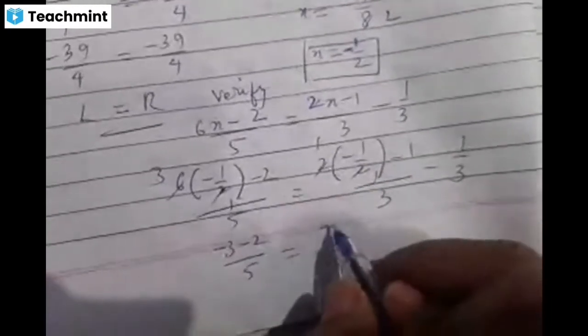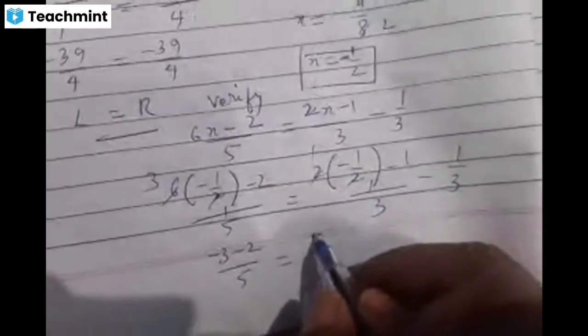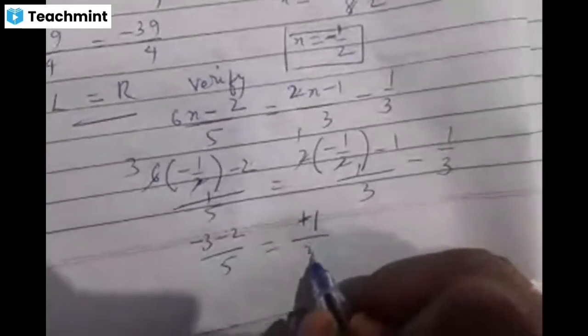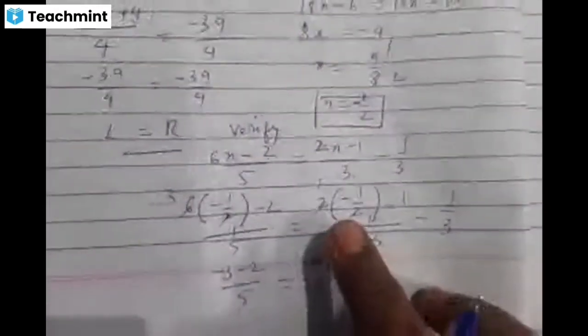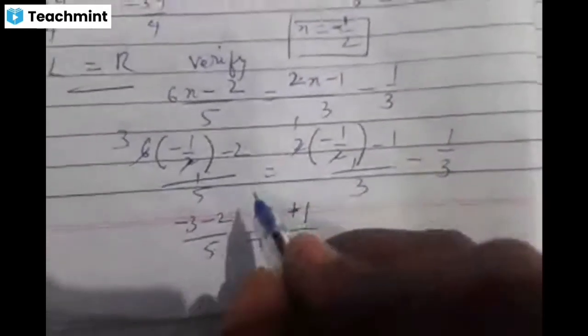Here minus into minus is plus 1 divided by 3. Here minus 1 is minus 2, isn't it? So it will be changing to minus 2.